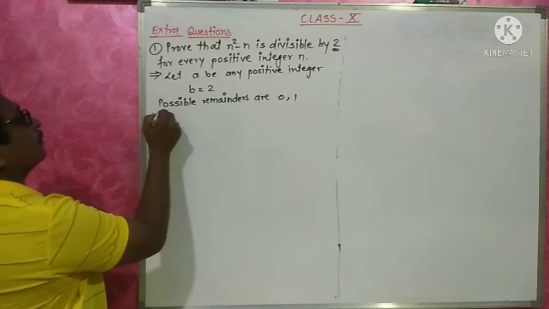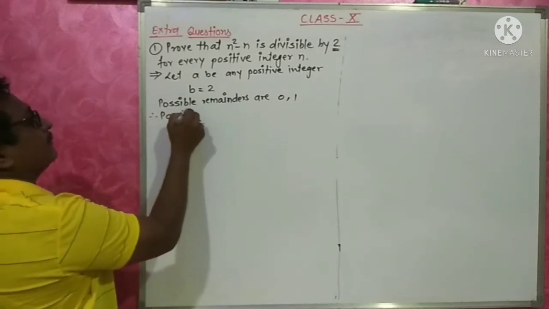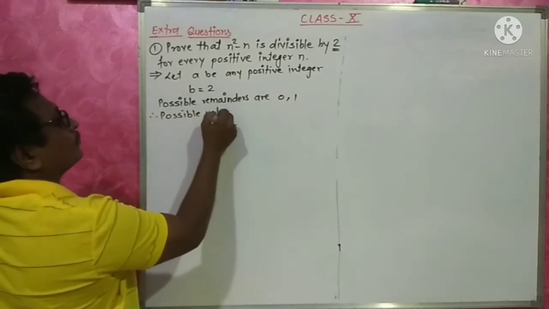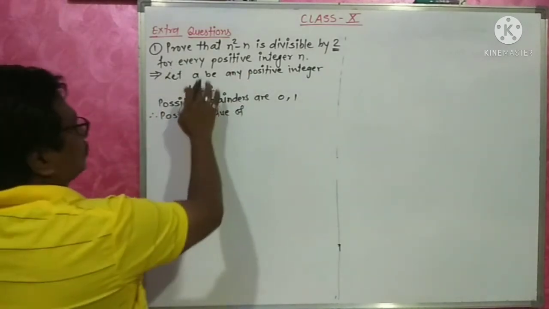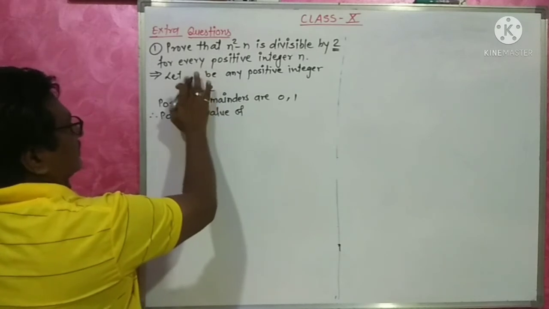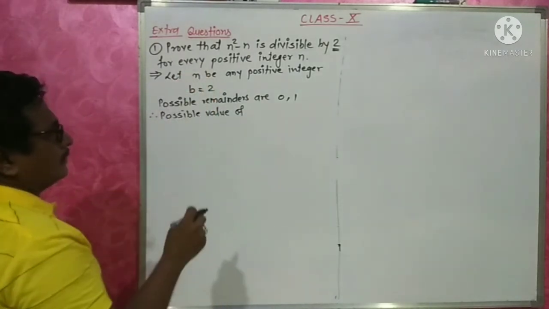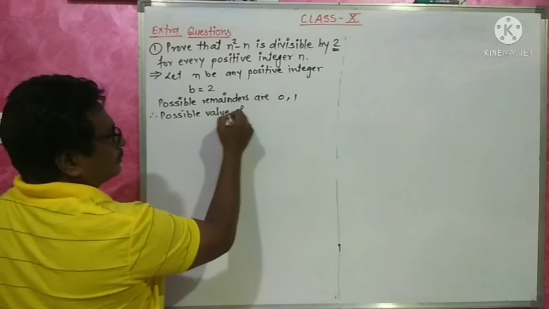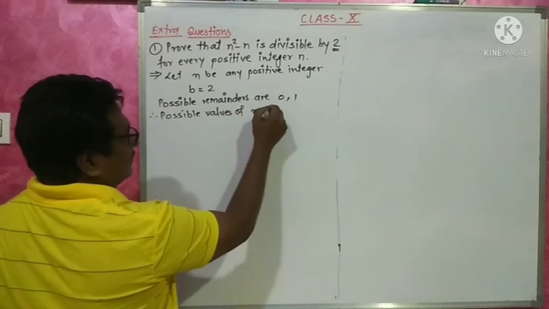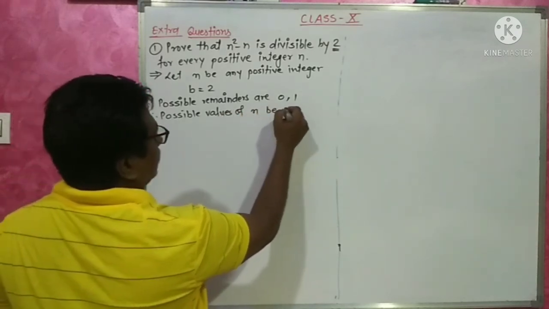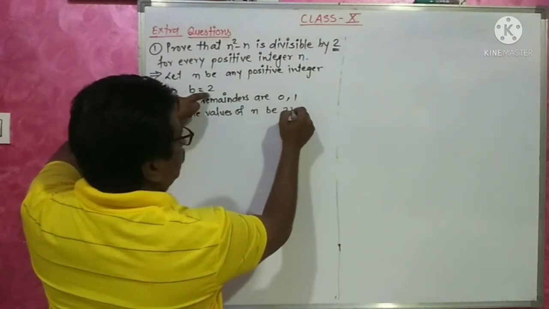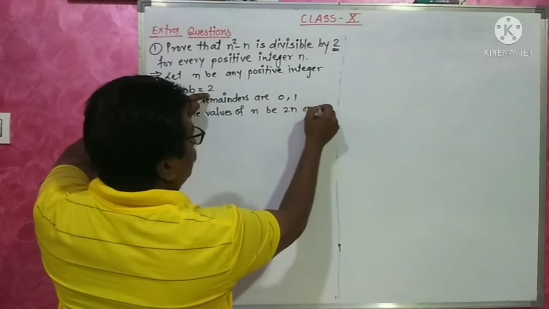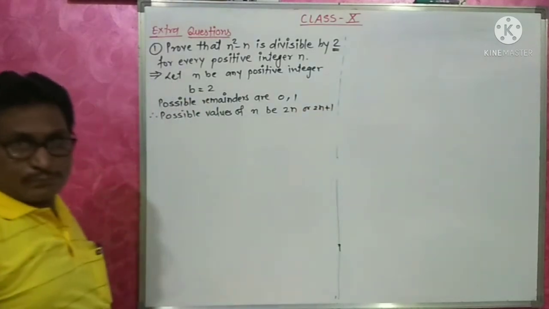Therefore the possible values of n are 2q or 2q plus 1.